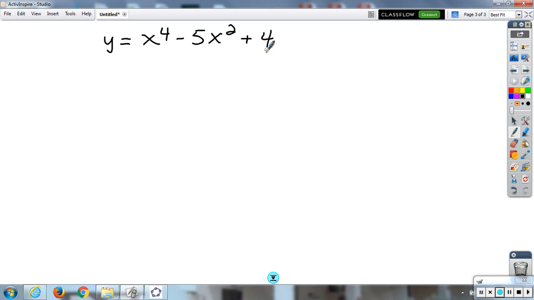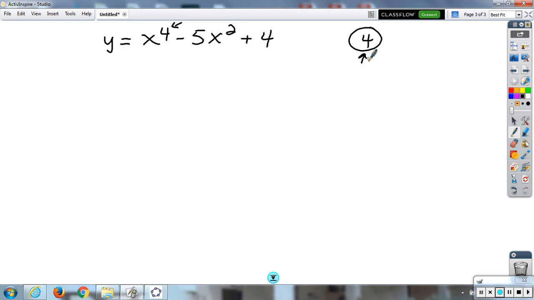So you ask yourself, what's the degree of that polynomial? Well, now there are a few terms that have x in them, but you look at the highest power. So this is degree 4 because of that 4 right there. So that means it has 4 roots.